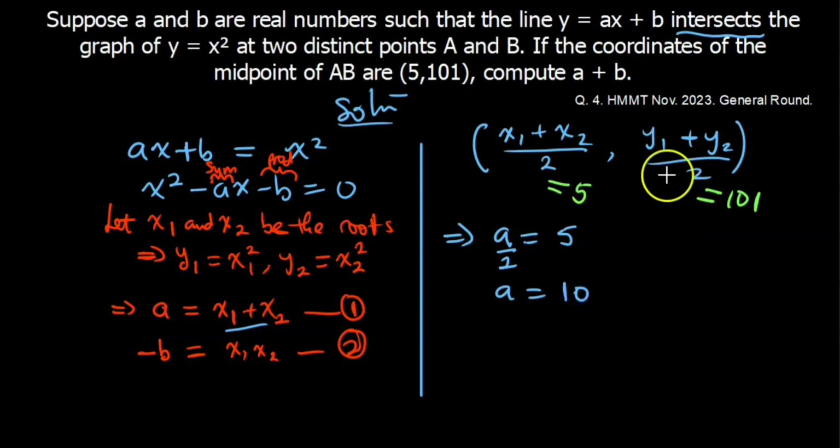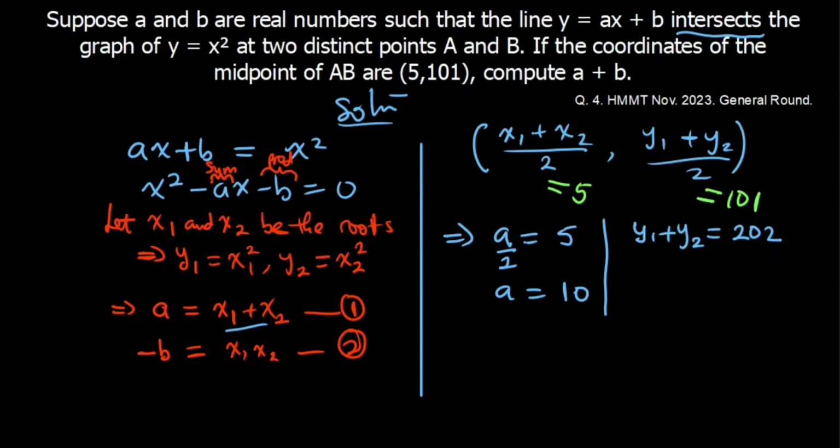Now, y1 plus y2 divided by 2 gives 101, which means y1 plus y2 equals 202.